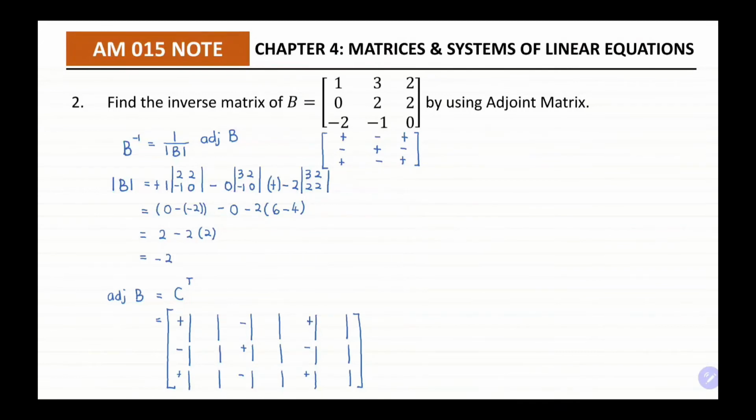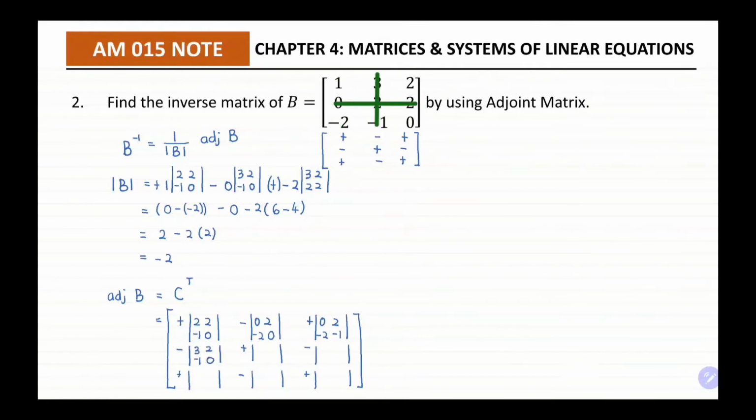So now we must close each number. For the first one, we close number 1. So we get 2, 2, negative 1, 0. We close number 3, 0, 2, negative 2, 0. We close number 2, 0, 2, negative 2, negative 1. We close 0, 3, 2, negative 1, 0.